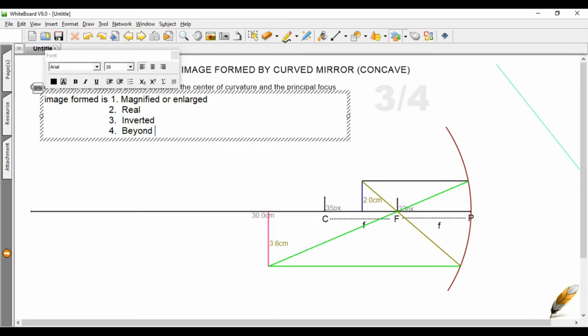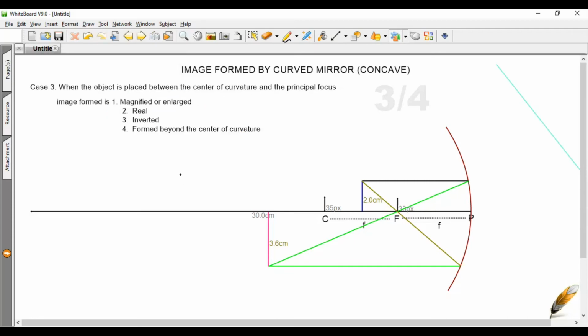Beyond the center of curvature. Yes, the image is formed beyond the center of curvature. And that's that. We have all for the case 3. Now let's go into the case 4.